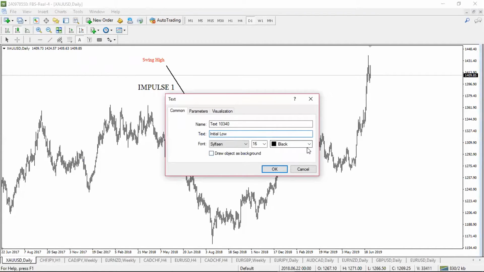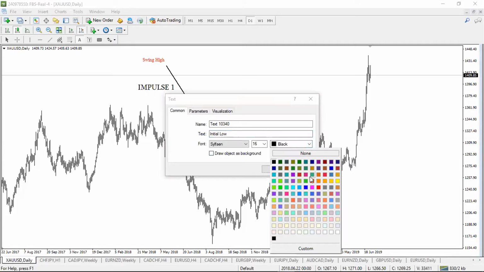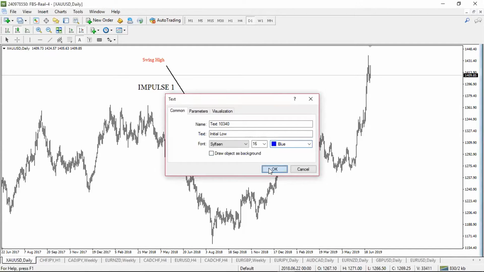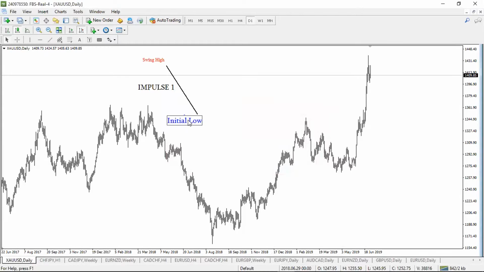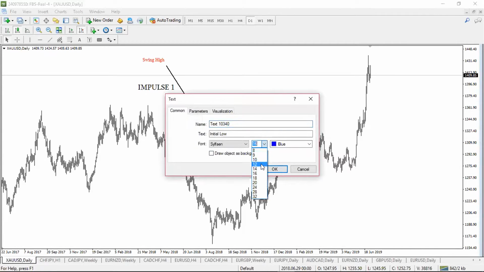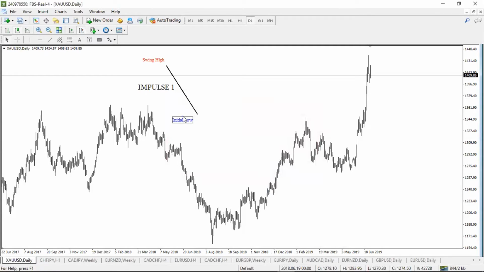It's the lowest price. Okay, this is your initial low.